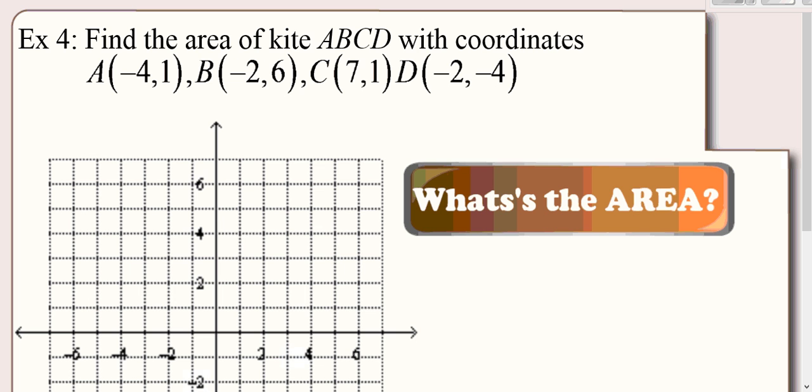So find the area of a kite with these coordinates. So we're going to plot it. We're going to see how long each diagonal is and find the area.